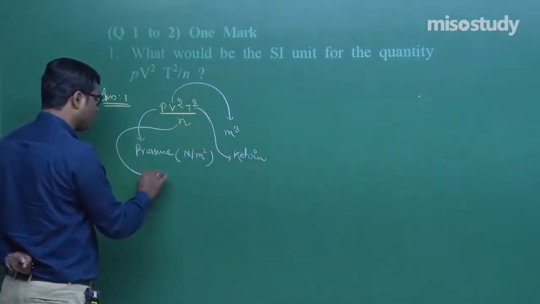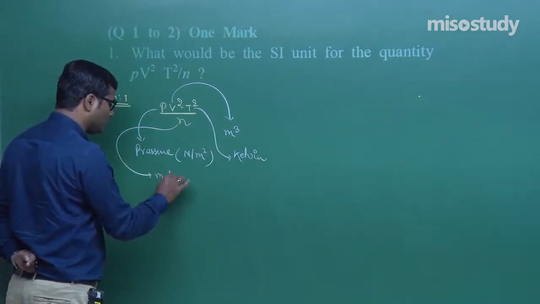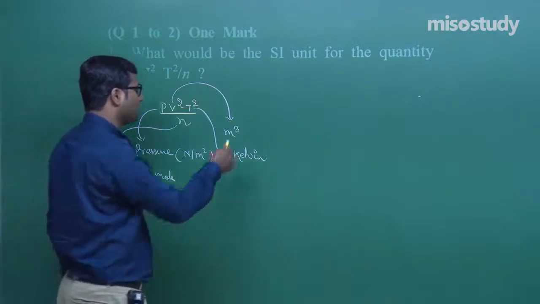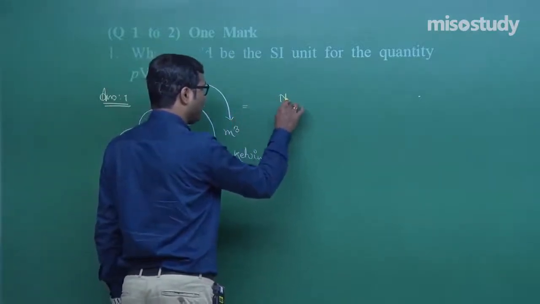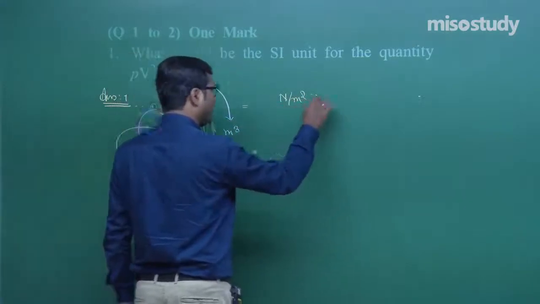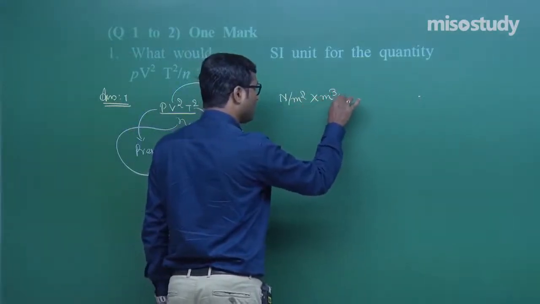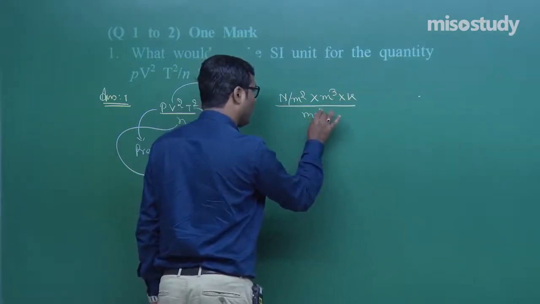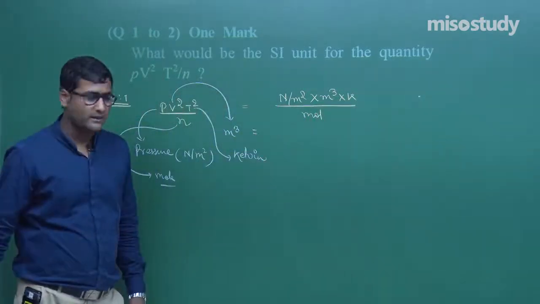N is mole. Now put these values: N upon m square, multiplied by m cube, multiplied by K, divided by mol. Am I right? Yes, sir, you are right.